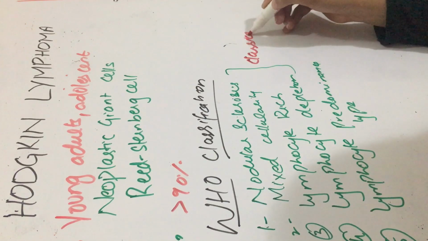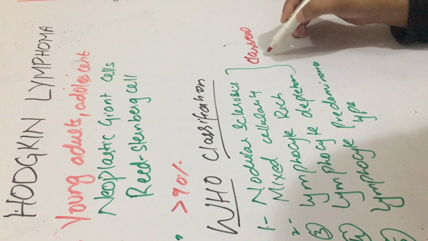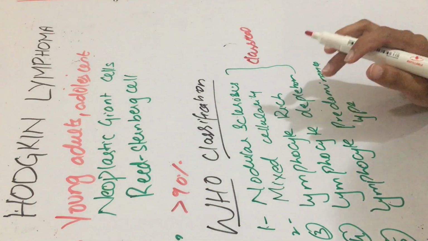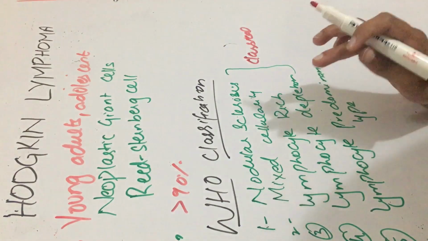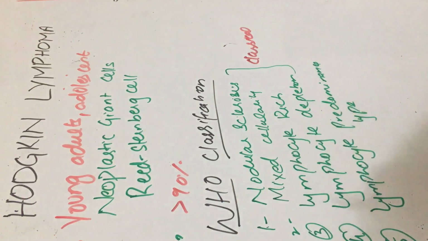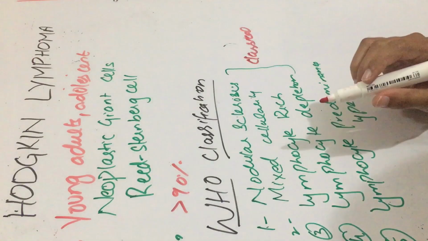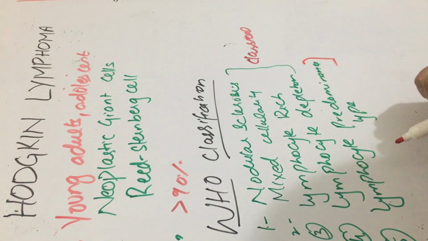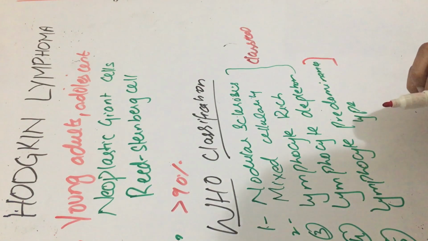The first 4 varieties are called classical Hodgkin lymphoma because in all of these the Reed-Sternberg cells have a similar immunophenotype, whereas in the lymphocyte predominance type, the Reed-Sternberg cells have a distinctive immunophenotype.